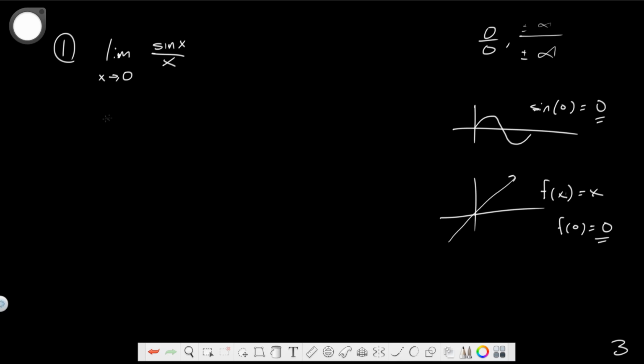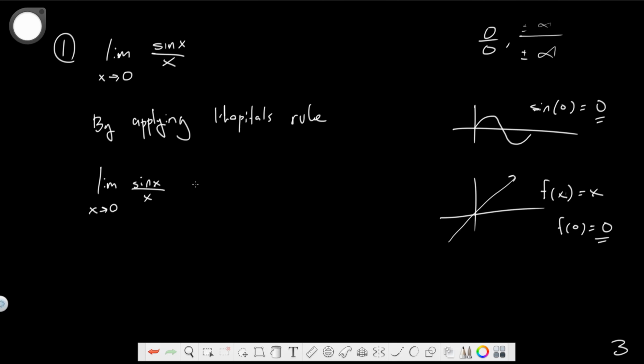All right, I'm just going to write that by applying L'Hopital's rule. The limit as x approaches 0 of sine x over x is equal to, the derivative of sine x is cosine x, and the derivative of x is 1, so we have cosine x.